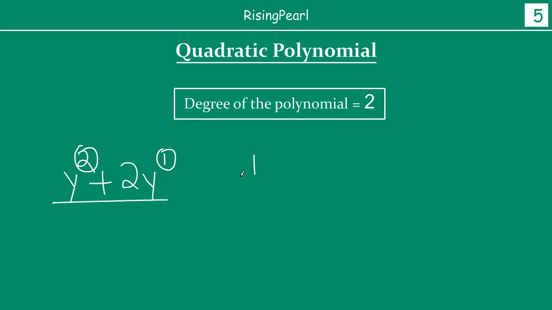Similarly, let's say you have 1 by 10 x squared minus 5x plus square root 3. So here we have three terms, and each of the terms has the variable x. So this is a polynomial in variable x.